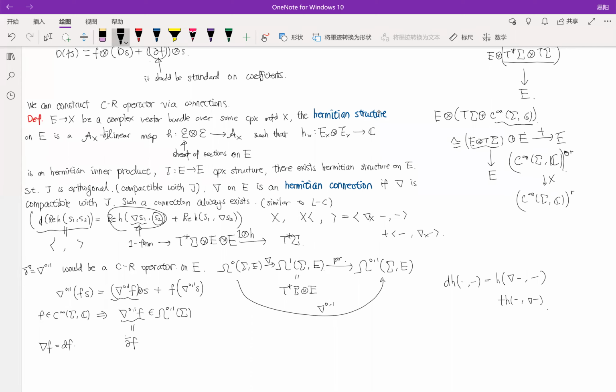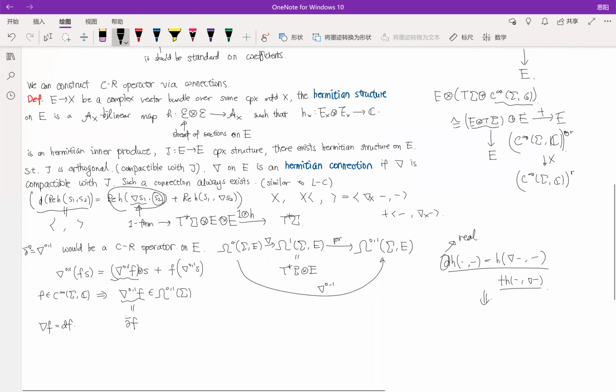I think we should add some conditions to the connection nabla if we only use the real part of H. But we know that D is in fact real.